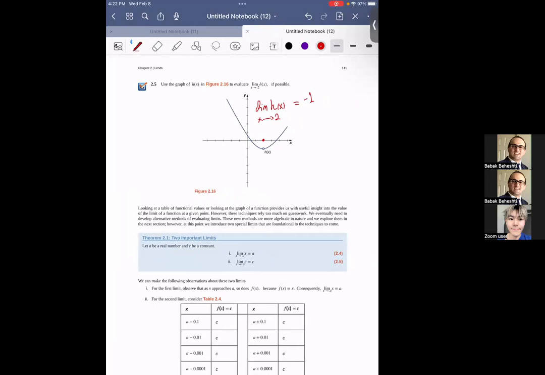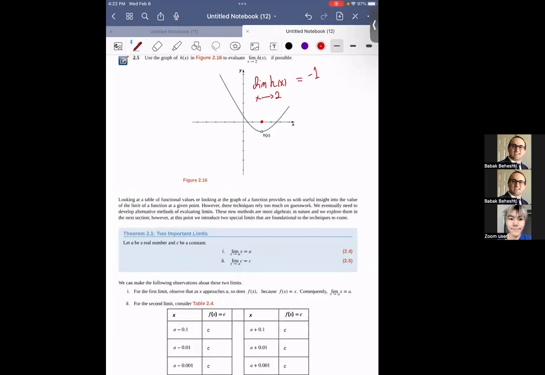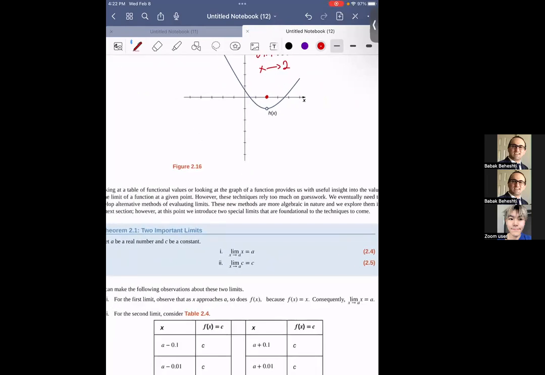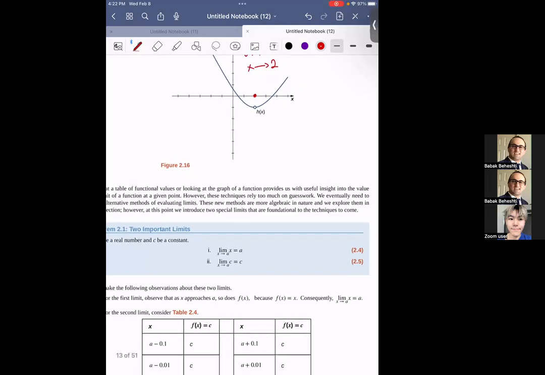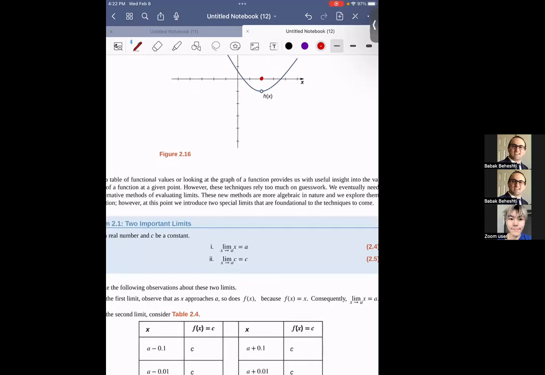Okay, and we have two important rules. The function f of x equal to x and the constant function. For the function f of x equal to x, its limit at any point exists, and it's equal to the x exactly.